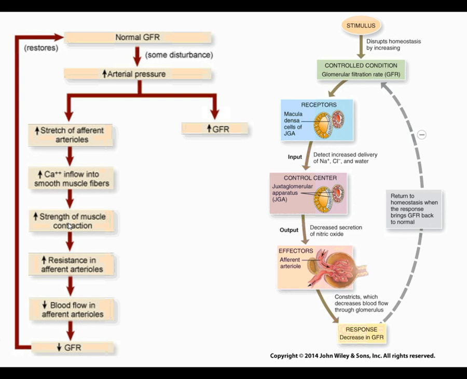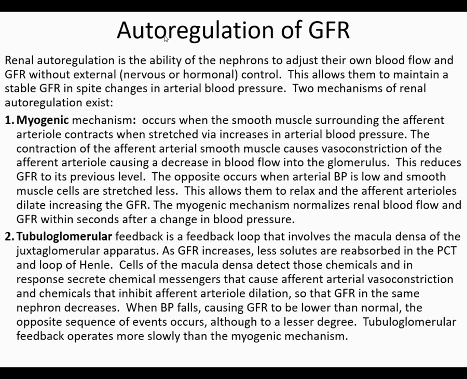Less blood flow in, less GFR can be formed. Therefore, GFR drops, returning us to normal. So what type of feedback are we demonstrating here? Negative. Good. Now, when blood pressure drops, the opposite of this is all going to occur. Smooth muscle cells are stretched less, which allows them to relax, afferent arterioles dilate, therefore GFR goes up.